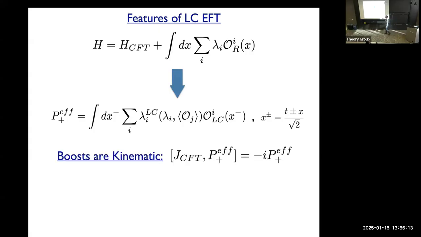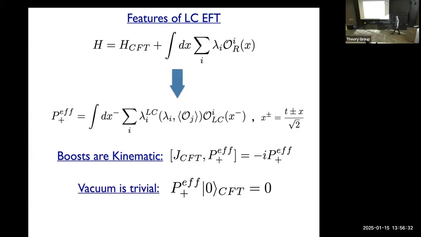The nice thing is that you recover Lorentz invariance in the sense that the boosts become kinematic; they are in fact the boosts of the original CFT, and this effective Hamiltonian obeys the Lorentz algebra. So very naturally, this object annihilates the CFT vacuum.